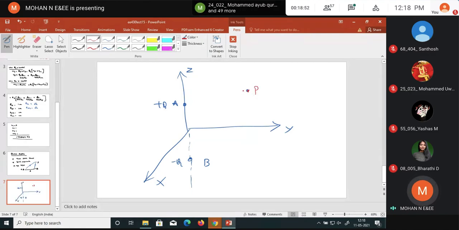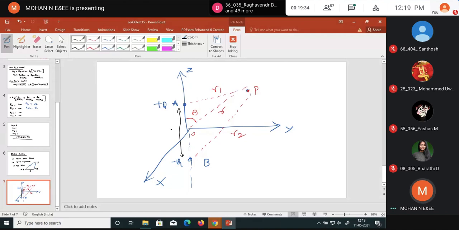I'm interested in finding the field due to this set of charges. Point P is at a distance of R1 from A, and at a distance of R2 from minus Q, and at a distance of r from the origin. This r makes an angle theta with respect to the z-axis, and the distance between A and B is d.